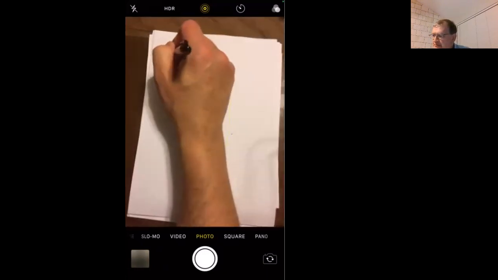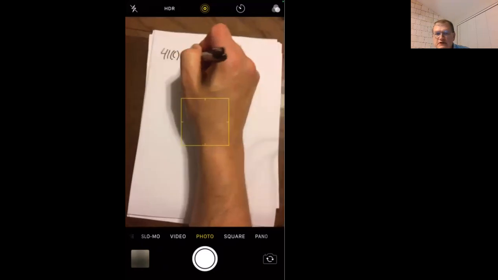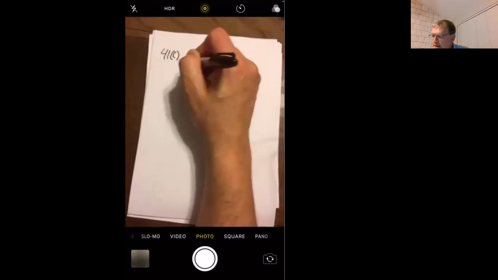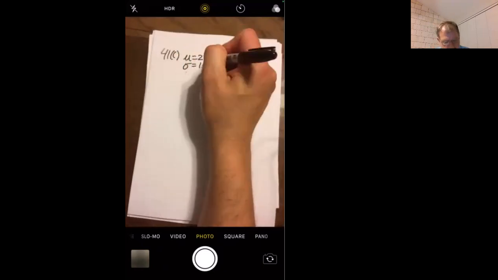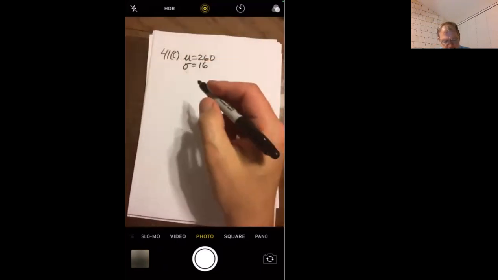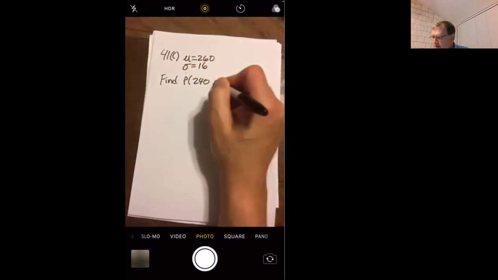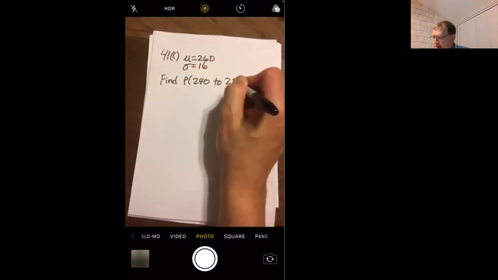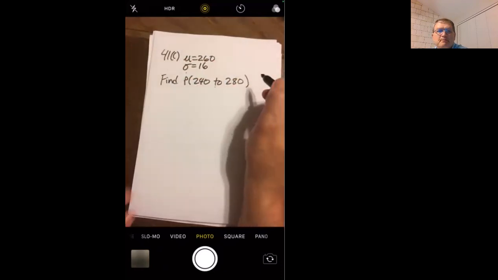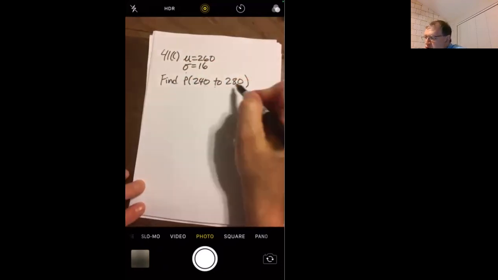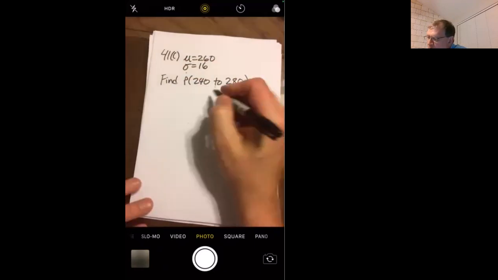All right, let's see. 240 to 280. Try 41C. Your mean is 260, with a standard deviation of 16. Probability 240 to 280 days, 20 days short to 20 days longer.